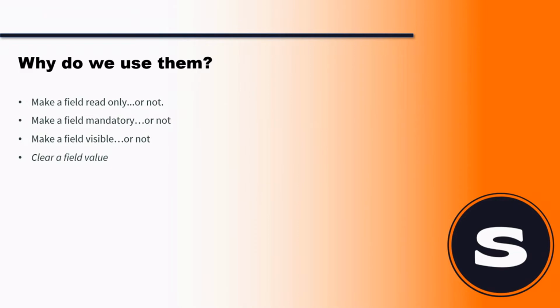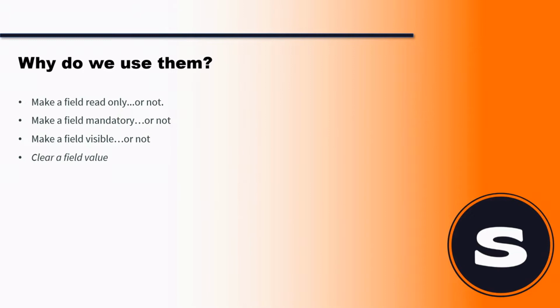And why do we use them? So what's the predominant use for a UI policy? Well, we'd use them really to make a field or fields read-only or not. We'd use them to make a field, or fields, mandatory or not.